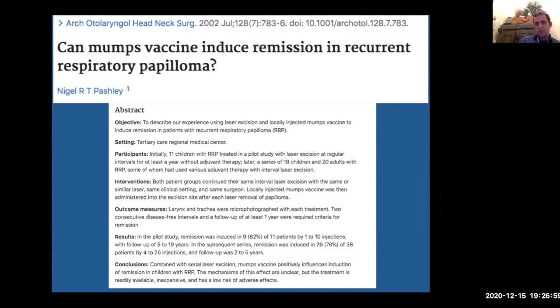He injected mumps vaccine and reported 82% remission. So 9 of his 11 patients underwent between 1 and 10 injections. During my training in South Africa, we did try this because we didn't have access to cidofovir, and we didn't find any significant benefit from using this.